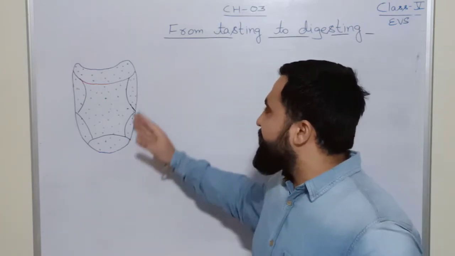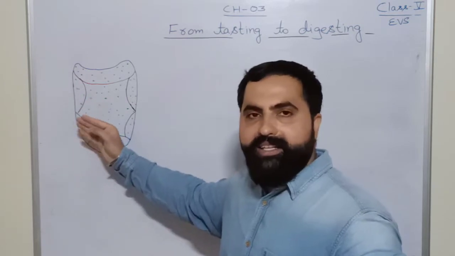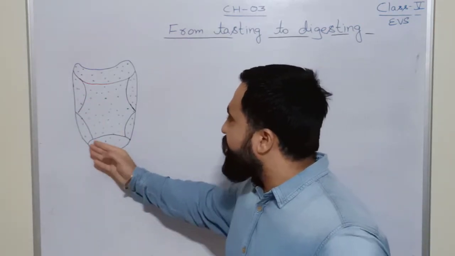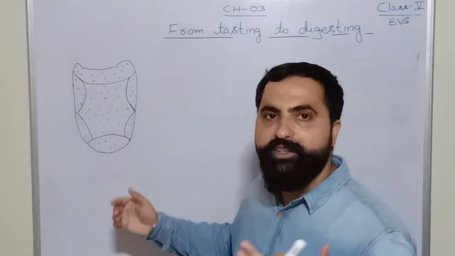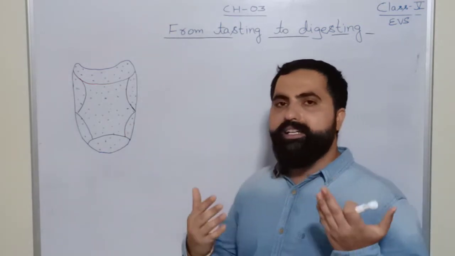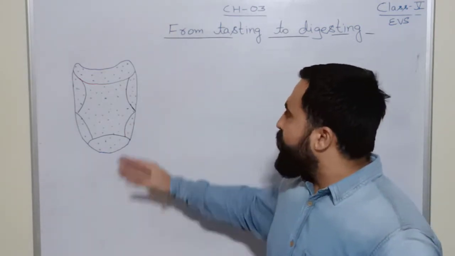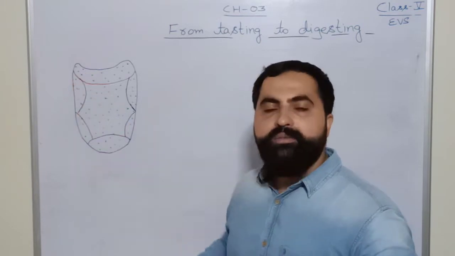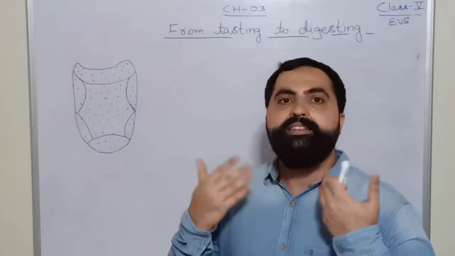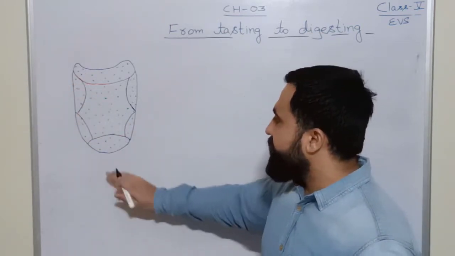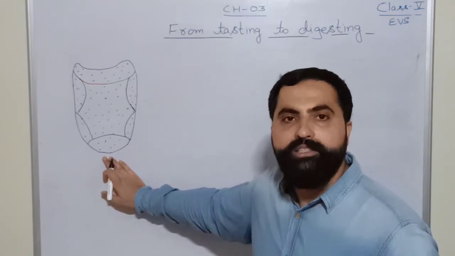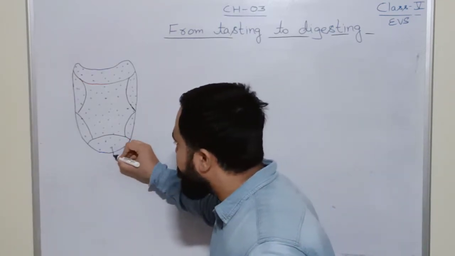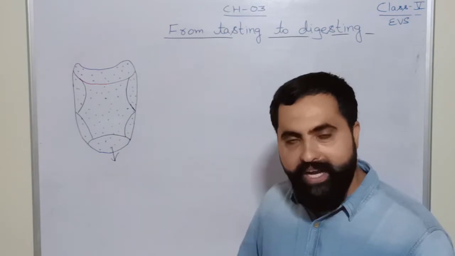First we will discuss the tongue, and there are different parts of the tongue which identify different tastes. First we take the sweet taste. Which part of the tongue tells us that food is sweet? That is the lower part of the tongue, it tells us that the food item is sweet.